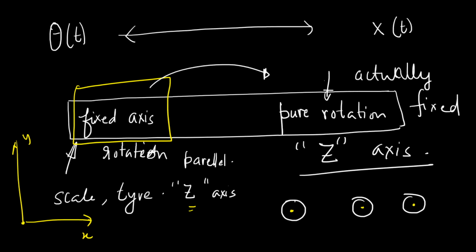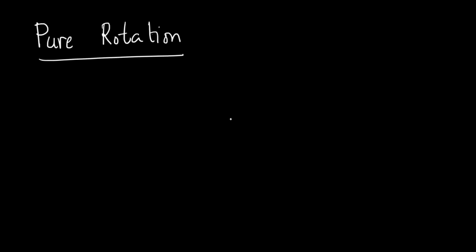I'll give you the example of pure rotation. So let's forget about everything else and talk about pure rotation. Pure rotation is quite easy to understand because it's a simpler form of rotation, in which the axis is now fixed, truly fixed. Here's my standard example.